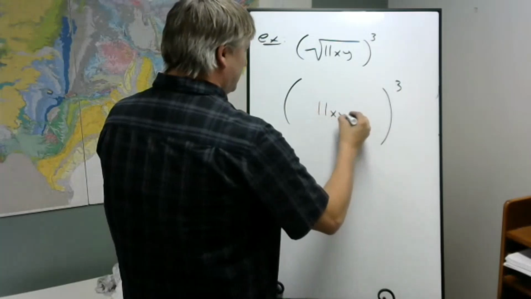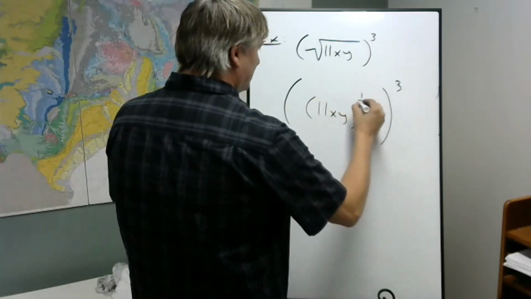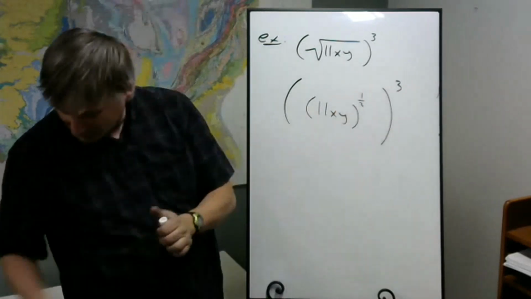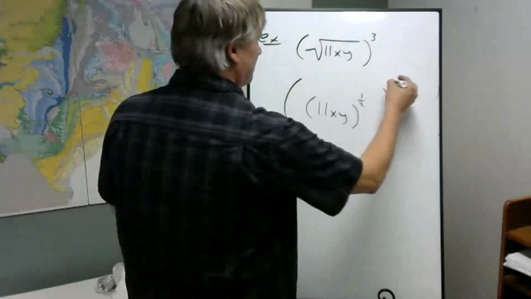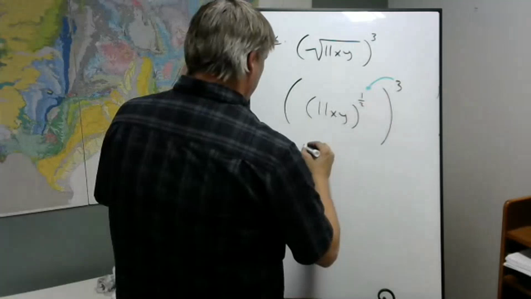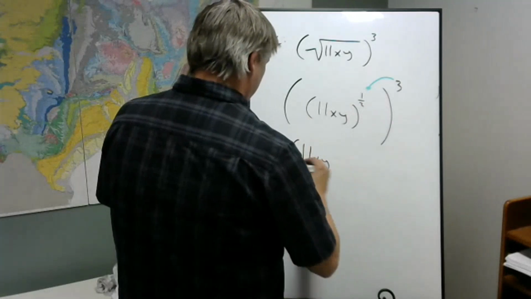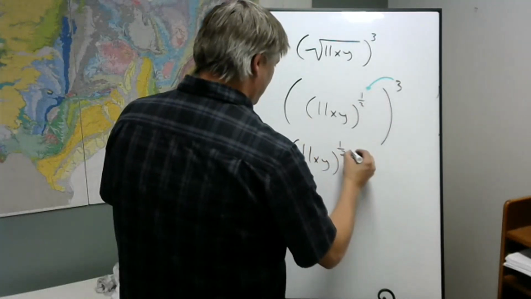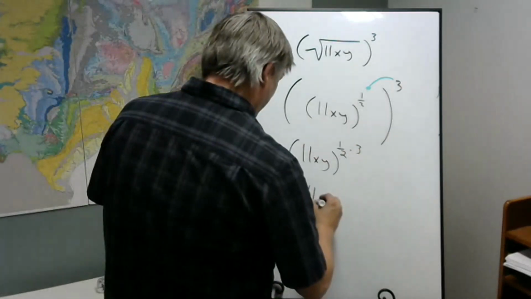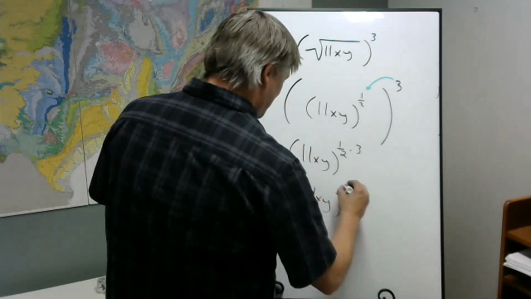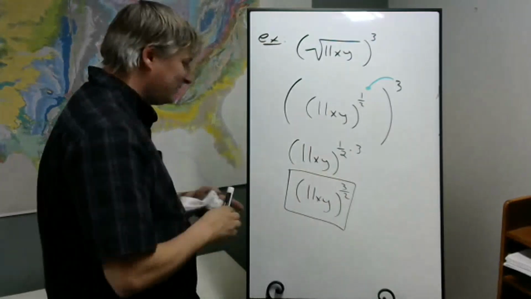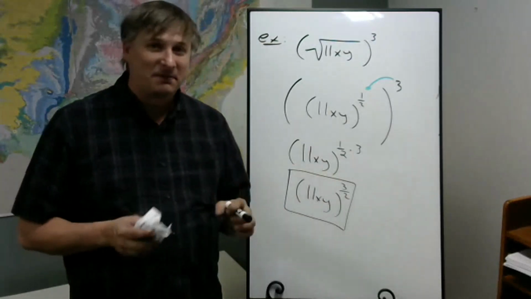So we have 11xy with a rational exponent of 1/2. Now we distribute this as an exponent. We'll get 11 xy to the 1/2 times 3, or 11 xy to the 3/2. All right.